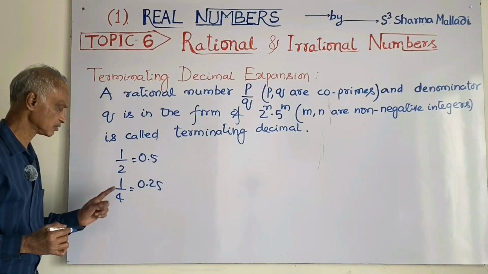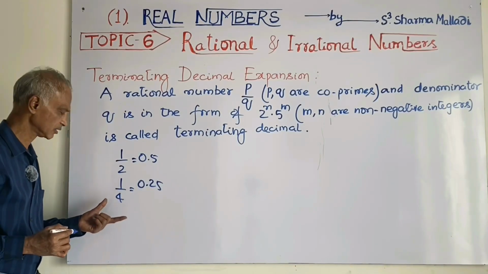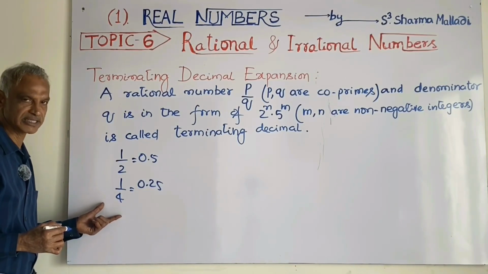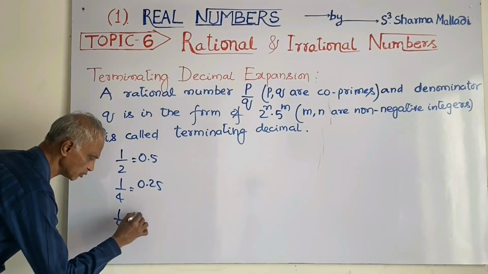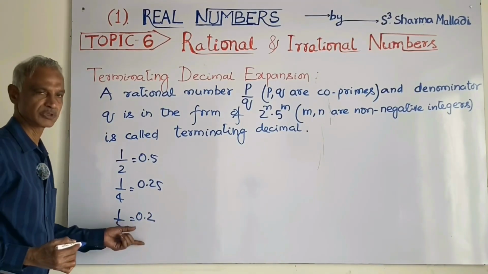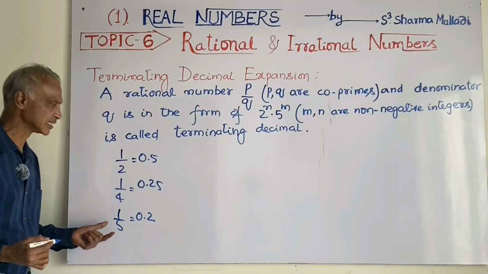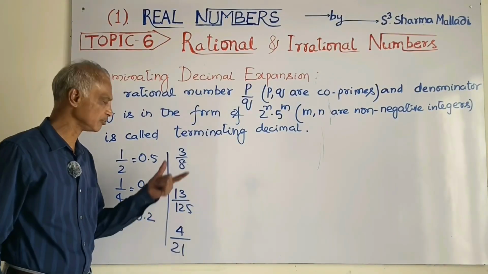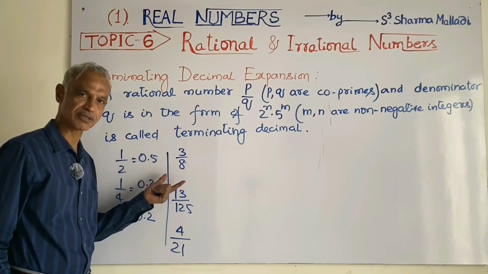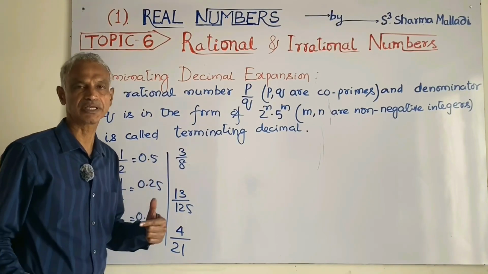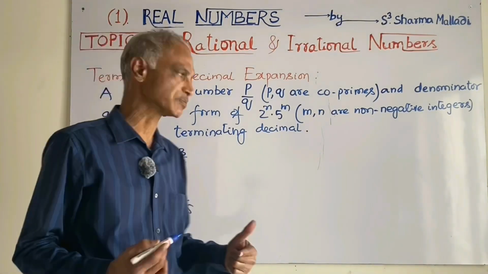That's why 1 by 4 is a terminating decimal expansion. 1 by 5 can be written as 0.2. These are all terminating decimal expansions. Now we will take some more examples. We will check whether they are terminating or non-terminating repeating decimal expansions.